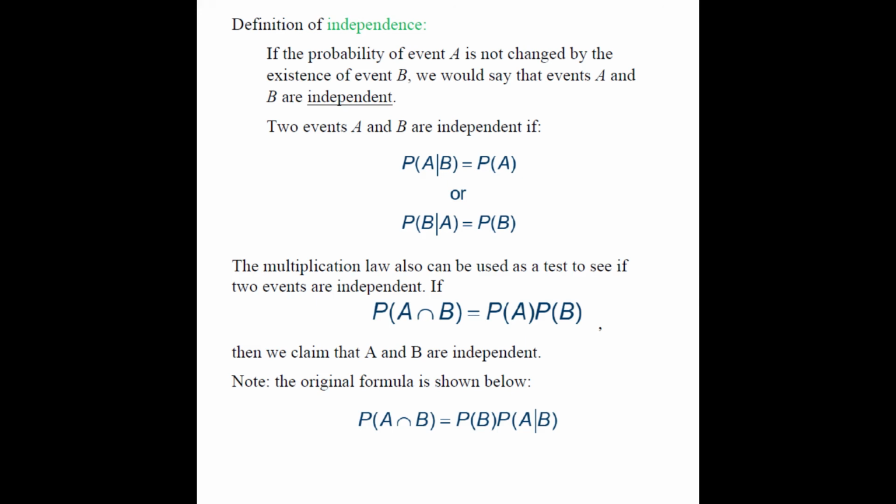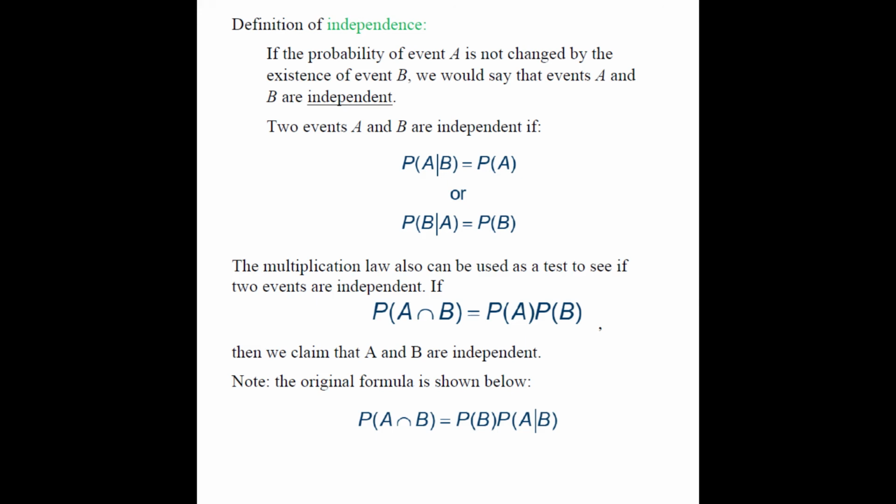Two events A and B are independent if the conditional probability of A given B equals the probability of A. This indicates the probability of A has nothing to do with whether B happened or not. Alternatively, we can claim the conditional probability of B given A equals the probability of B. It has nothing to do with A.